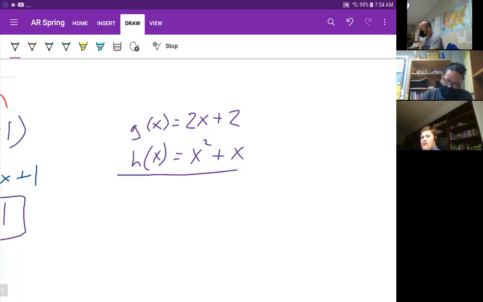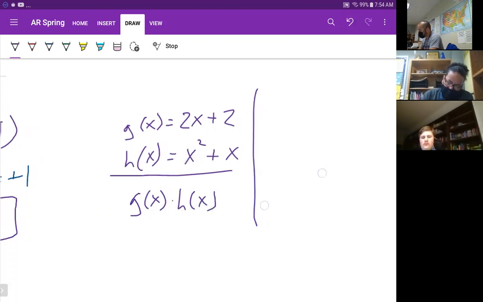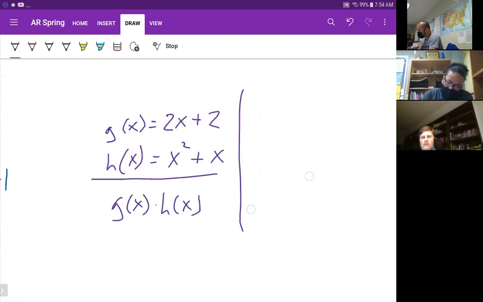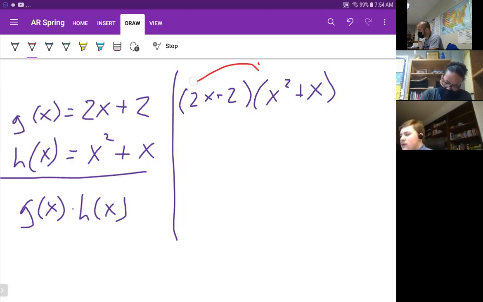Okay, so again, this is going to be g of x times h of x. So here we go. You do the same thing. So 2x plus 2 times x squared plus x. All right, start this one. So here you'll have 2x to the third plus 2x squared.